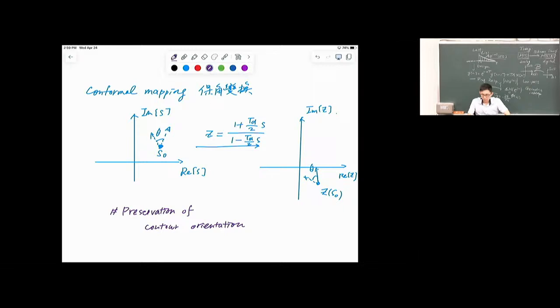So that means if we have a closed contour in the S domain, and we go along it in the counterclockwise direction, okay?